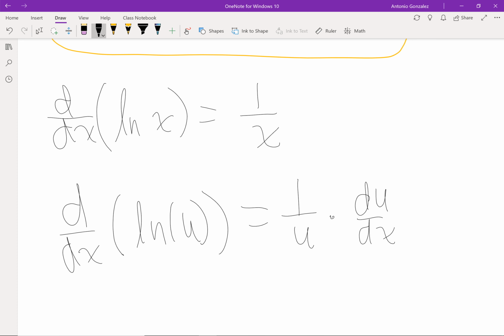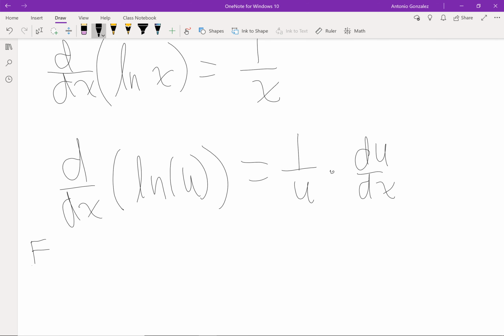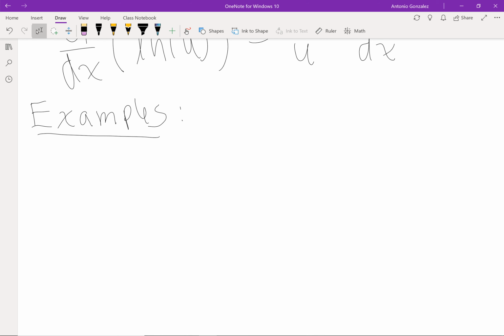So for example, let's do some examples here. Let's say we had the derivative with respect to x of ln of 3x.